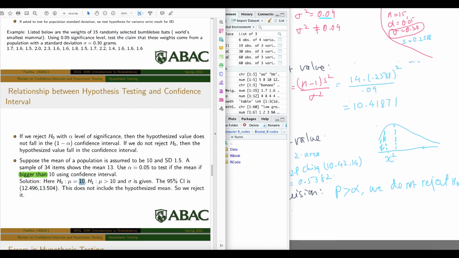Does the value from the null hypothesis fall here? No. So it does not include the hypothesized mean, meaning we reject the null hypothesis. Okay, so this is how we can use the confidence interval to test the hypothesis. Okay guys, all right.